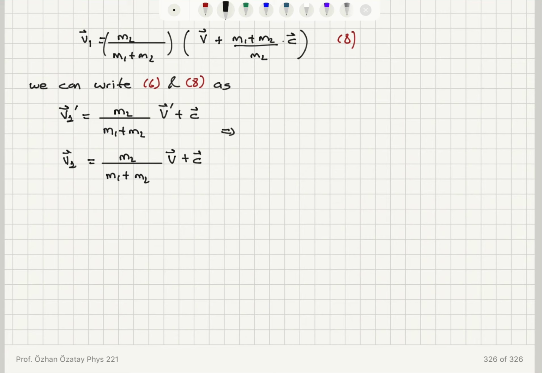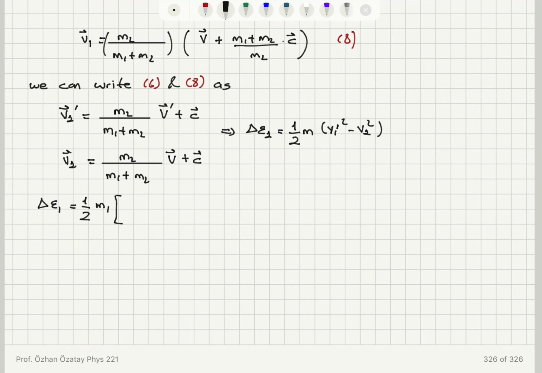So therefore I can calculate the change in the kinetic energy of the first atom, which is 1 over 2 m (v1 prime squared minus v1 squared). So if we substitute this result into this equation, for the change in the kinetic energy I can write 1 over 2 m1.